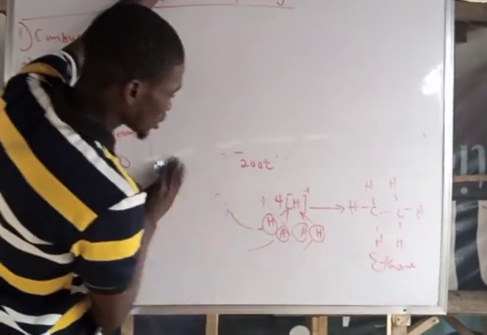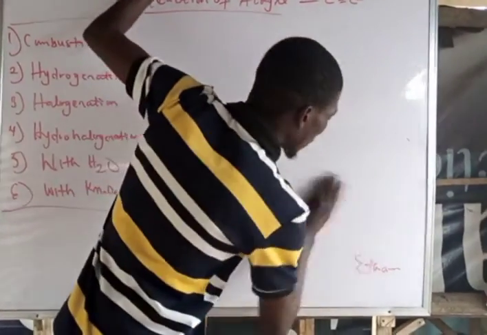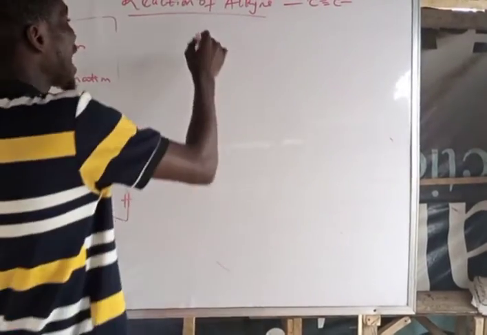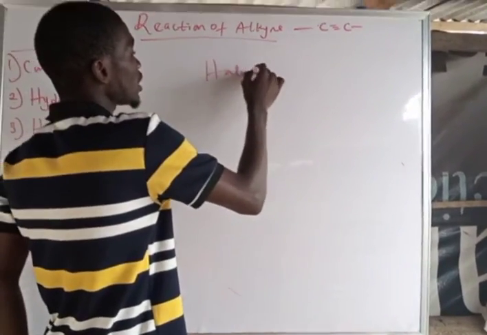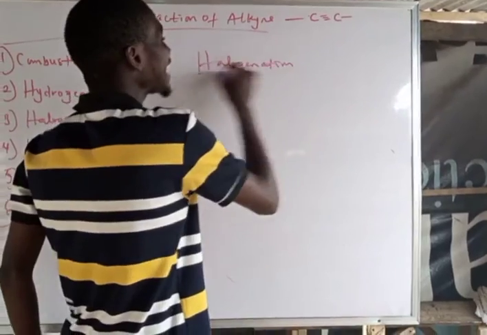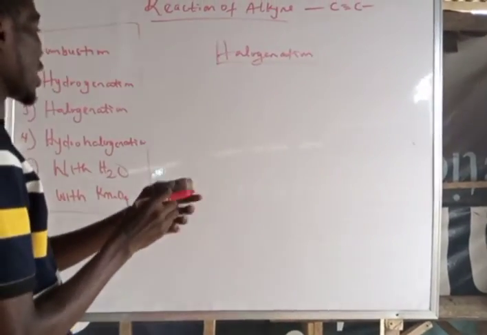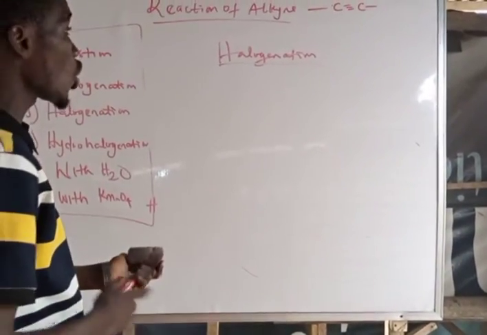And when talking about the halogenation of alkyne, don't forget the word halogen. It means they can react with any halogen, and those halogen that they can react with can be iodine, bromine, or chlorine.